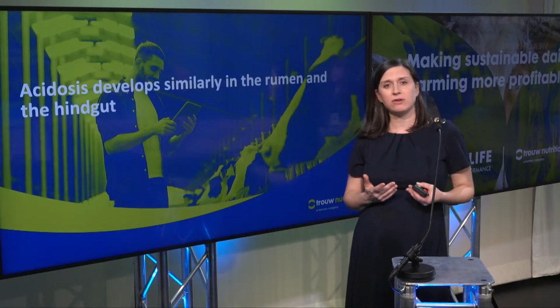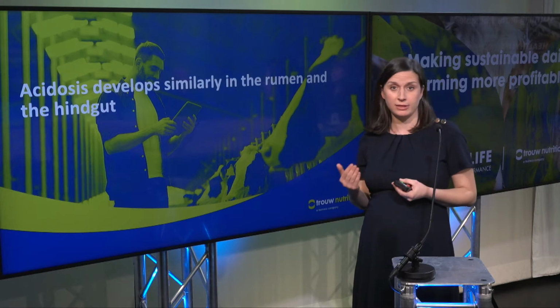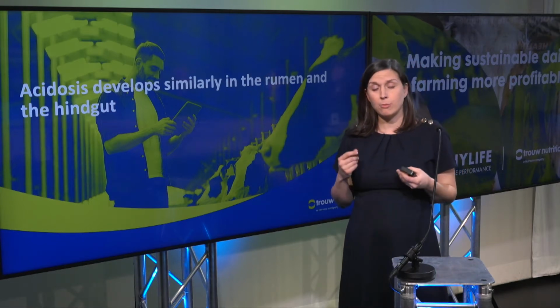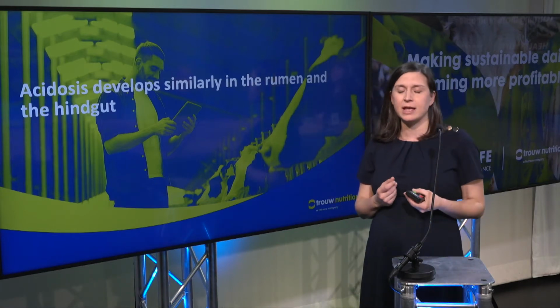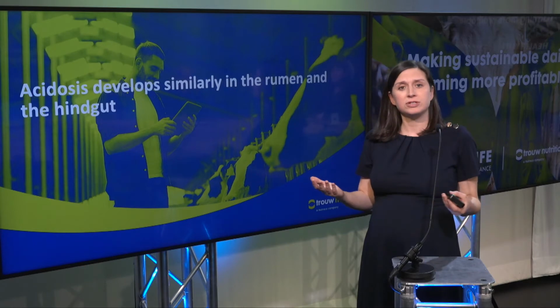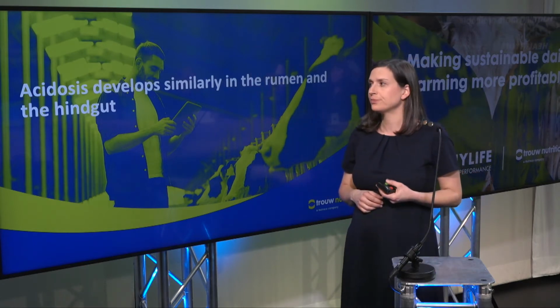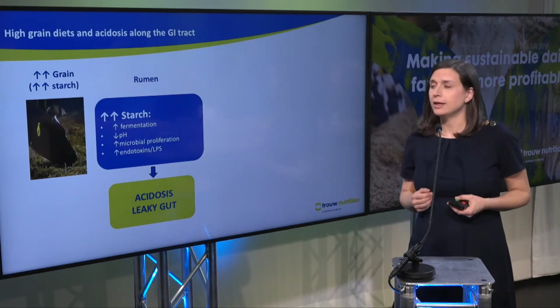The first point I would like to make is that similar processes occur in the rumen and the hindgut. For this, I'll be using the abrupt introduction of lactation rations and the development of acidosis as an example, just because it's one of the factors that has been the most studied in ruminants. Again, this is repetition from what we've been discussing.